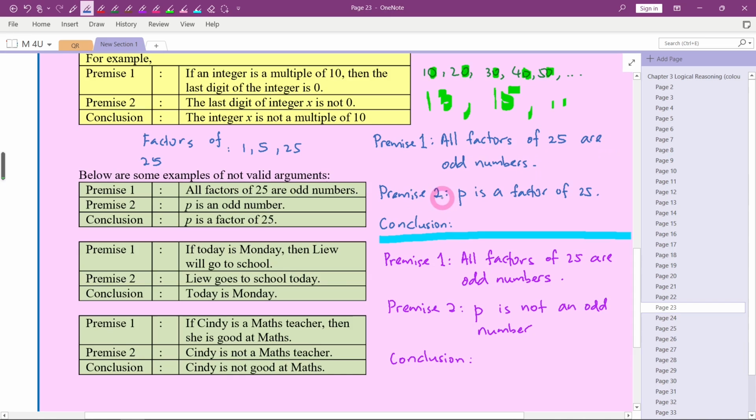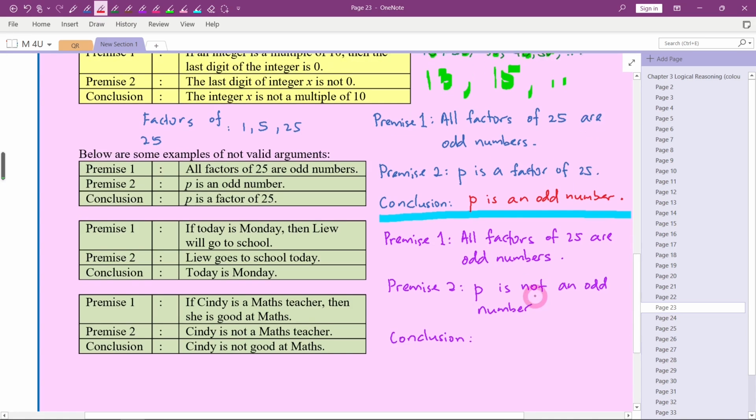So the premise 2 tells us that P, there is a number P. P is a factor of 25. So the conclusion will be P is an odd number. Okay, so this is a valid form of deductive argument.